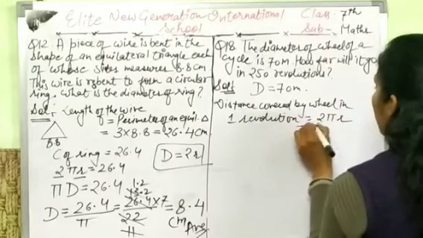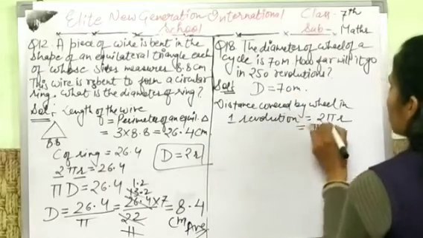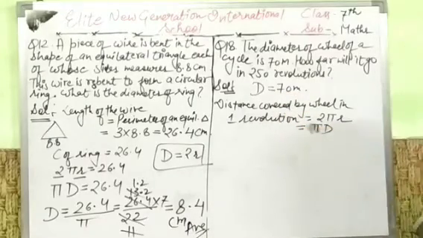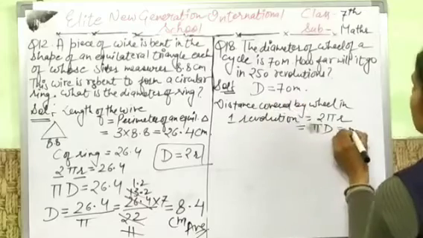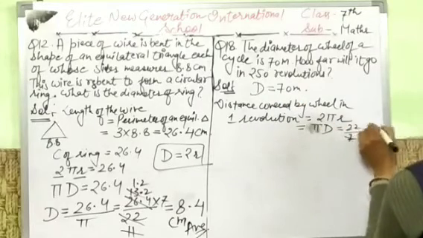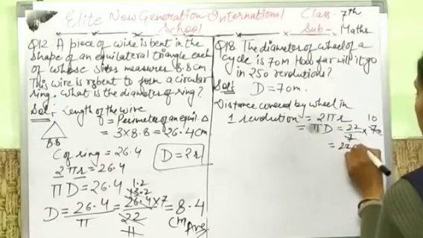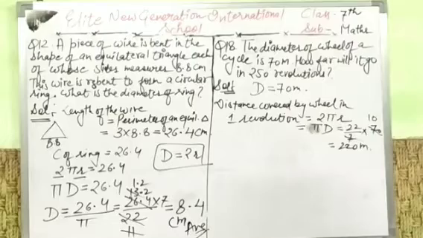Right? So here the value of d is given. So we can also write this formula as pi d, and here d is 22 upon 7 into 70. 220 meters. This one is the distance covered by the wheel in one revolution. We have to find it for 250 revolutions.